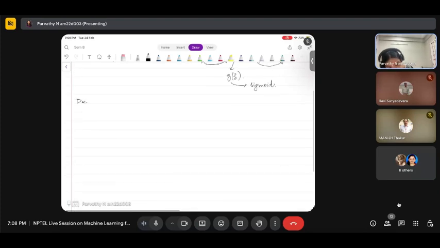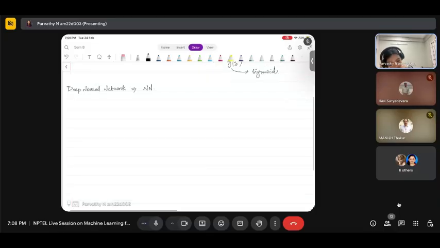When we have a deep neural network, it is simply a neural network with more than one layer, mainly more than one hidden layer, which we will discuss later. This is the introduction to deep neural networks.